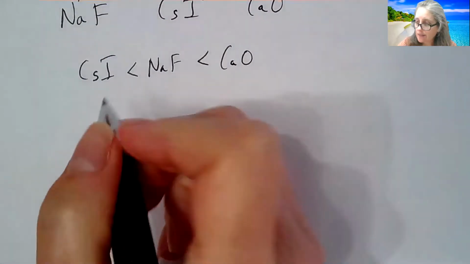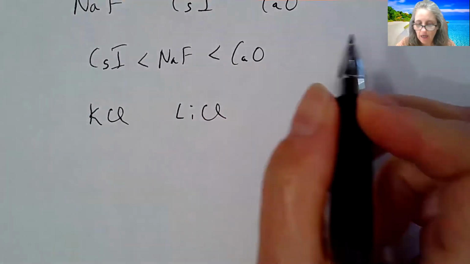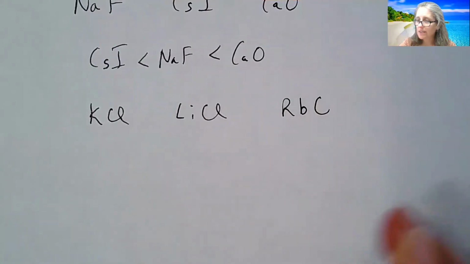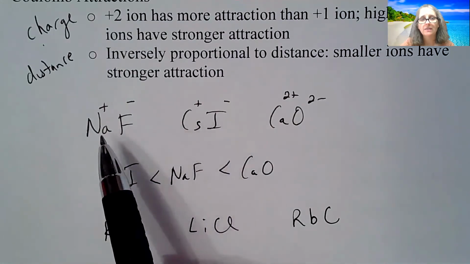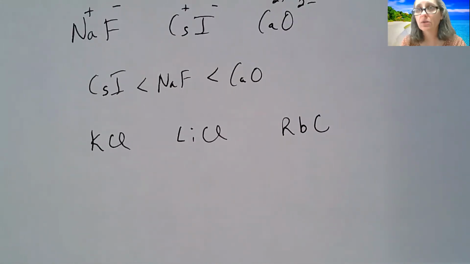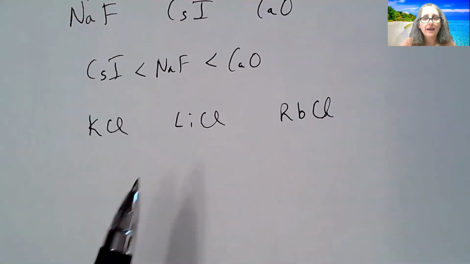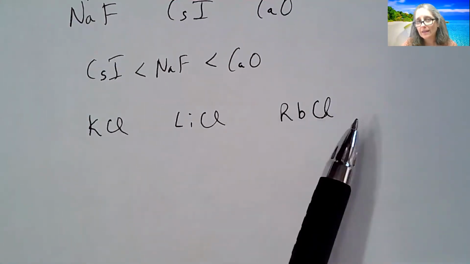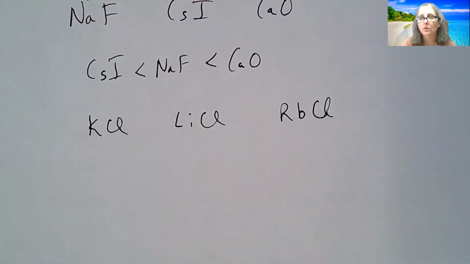The other way I could ask the question is, because of size, it does depend upon who's attached to who. If I mixed this up and did sodium iodide versus cesium fluoride, you would actually have to look up some numbers and do some calculations to figure out who has a stronger force. So instead, I might give you the same anion attached to three different cations and say, rank those.